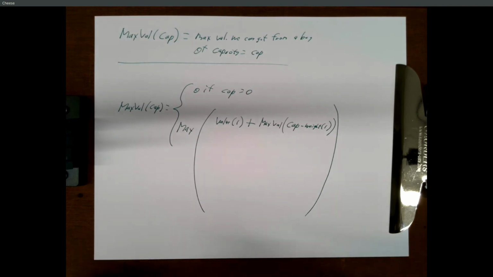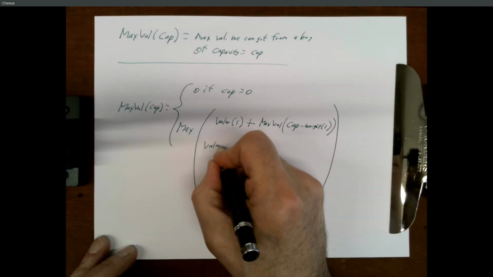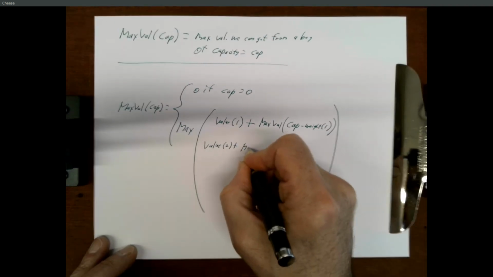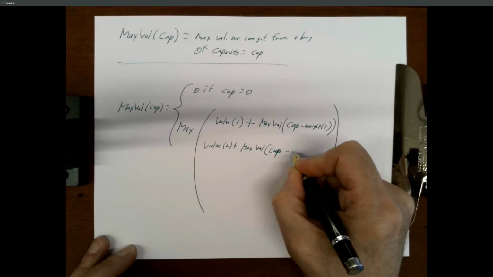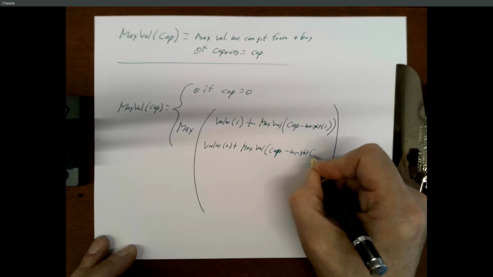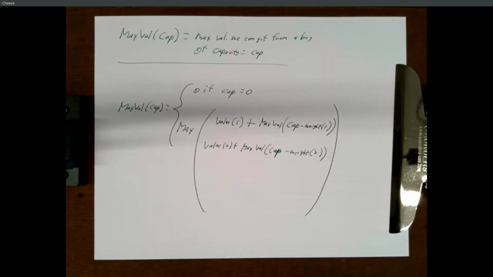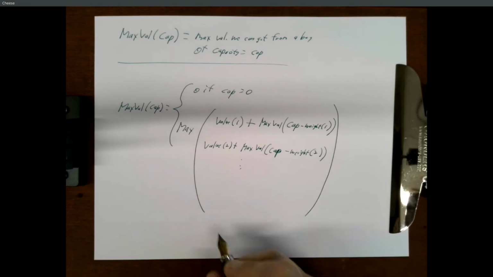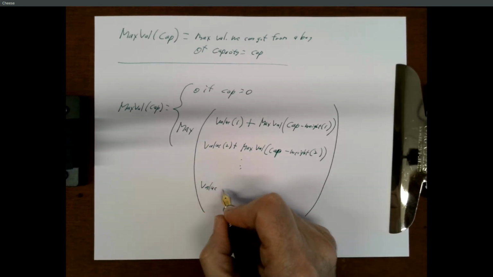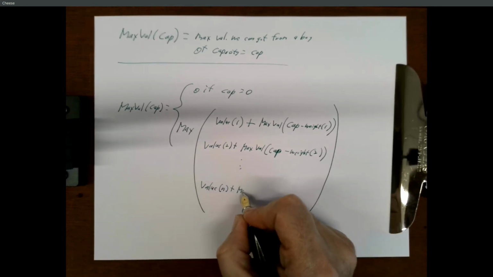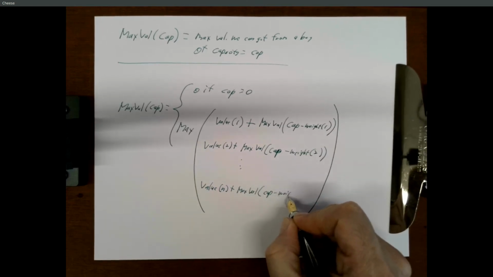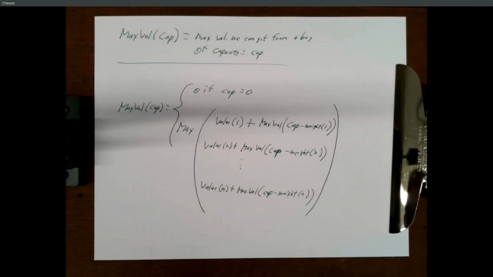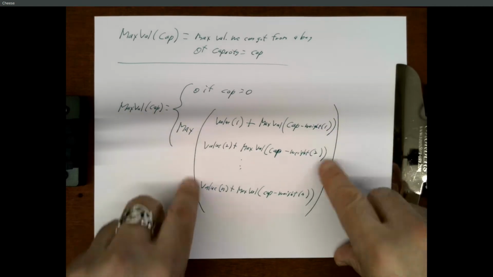On the other hand, I might have started by putting item 2 in my bag, in which case I would get the value of item 2 plus the maximum value I can get from a bag whose capacity has been diminished by the weight of item 2. And same for item 3 and same for item 4 up through item n. So if I have n items in my inventory, I calculate these n possible answers.